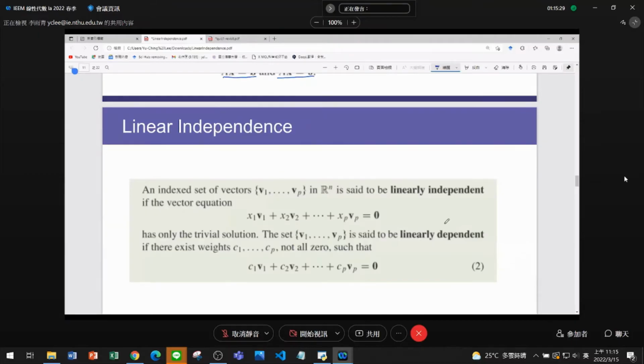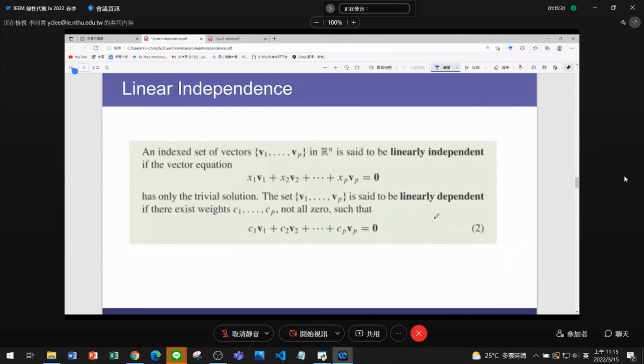And next, we are going to revisit the linear independence definition again. We are given an indexed set of vectors, and each vector is in the Rn space.